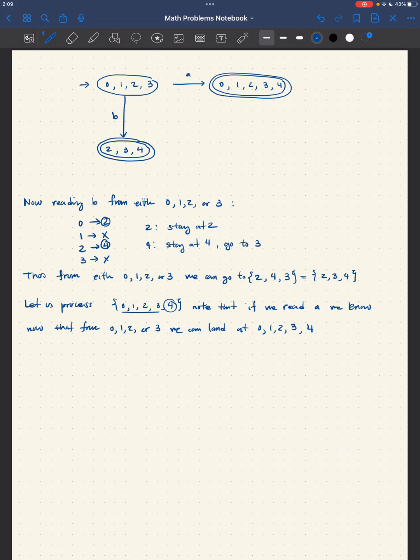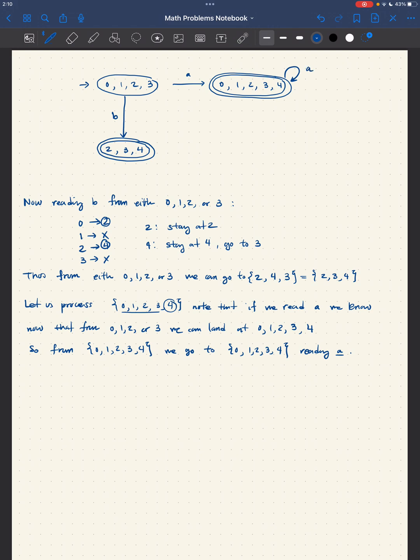So that means that we actually have a loop. From 0, 1, 2, 3, 4, we go to 0, 1, 2, 3, 4 reading A. So I'm going to indicate that as a loop here.